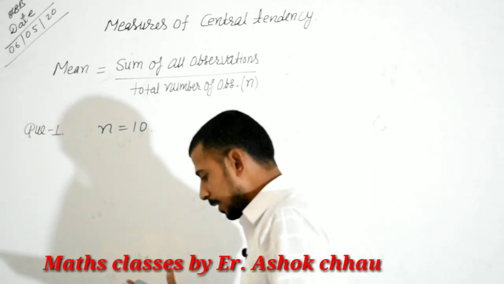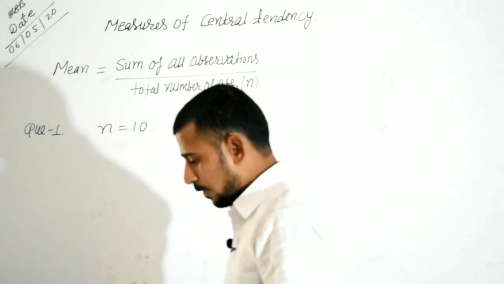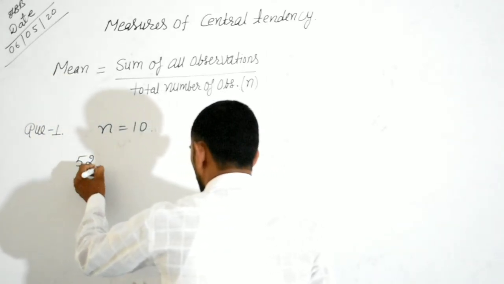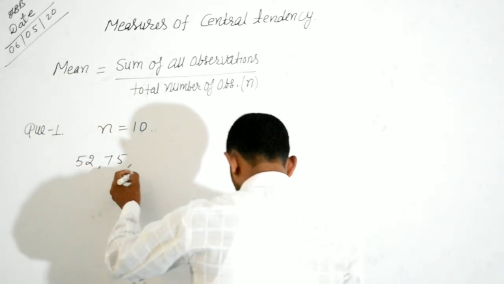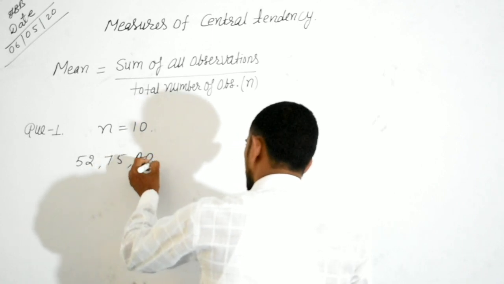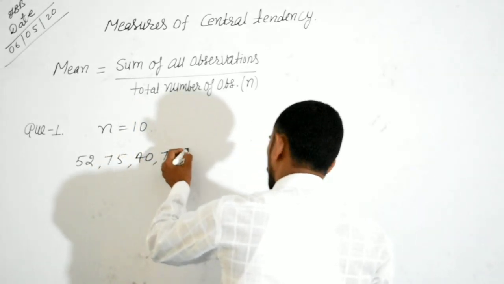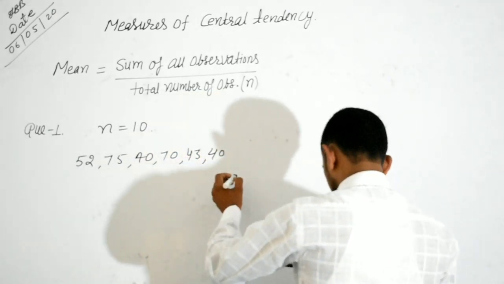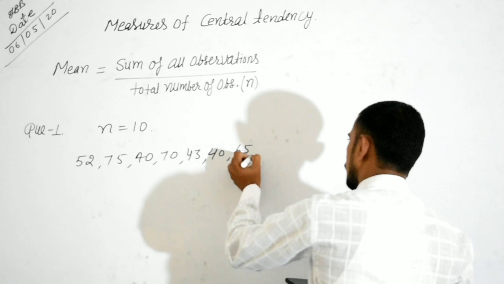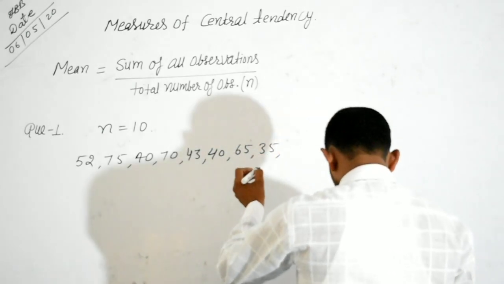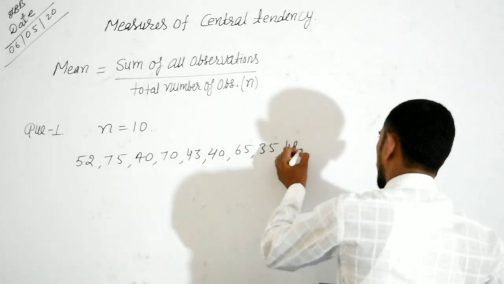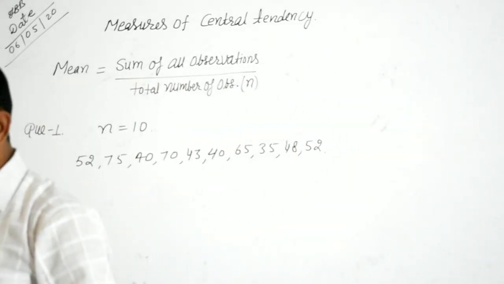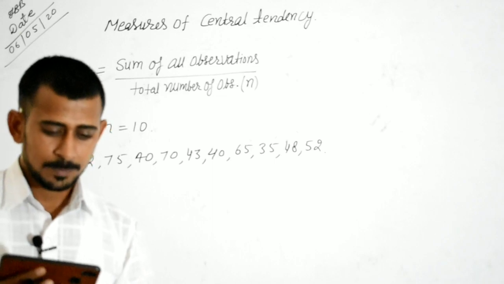Marks obtained by 10 students of a class in mathematics are 52, 75, 40, 70, 43, 40, 65, 35, 48 and 52.